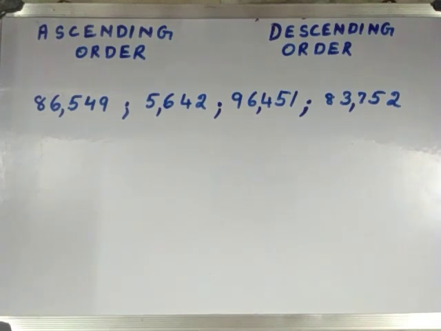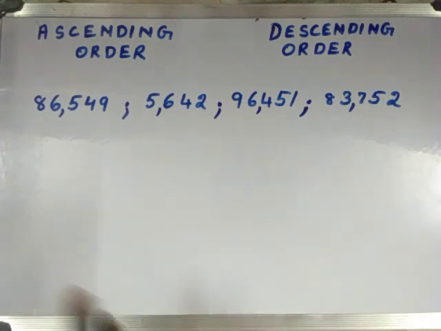Now let's see the given numbers and arrange them in ascending order. Now what is ascending order? Ascending order means start from the smallest number and end with the greatest number.